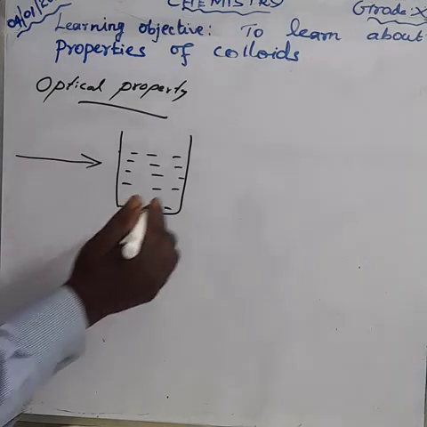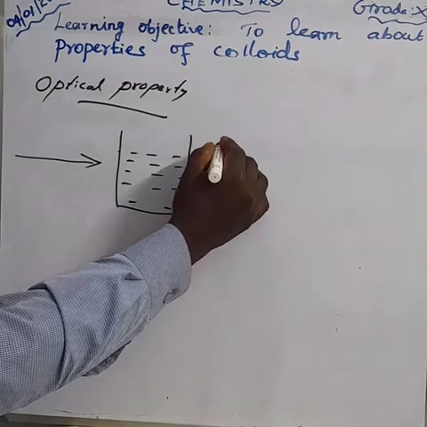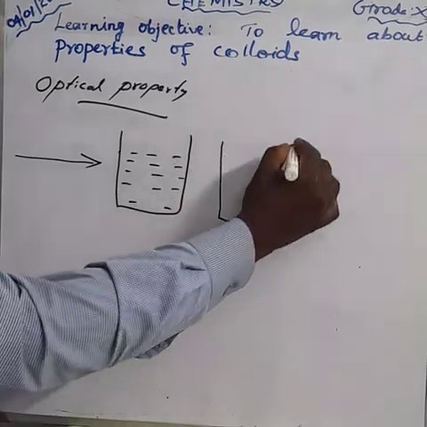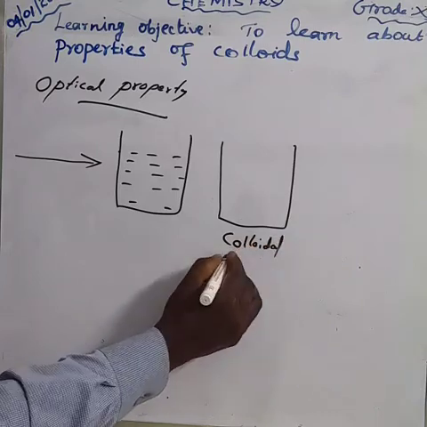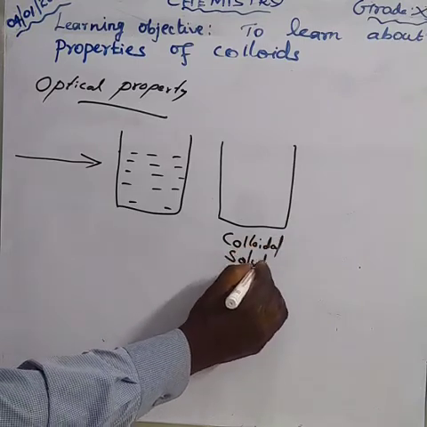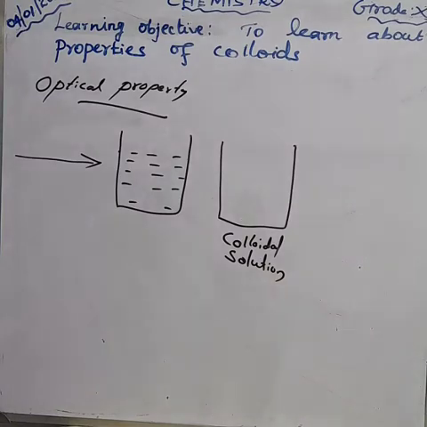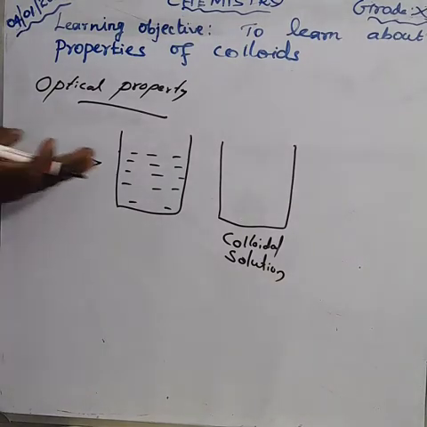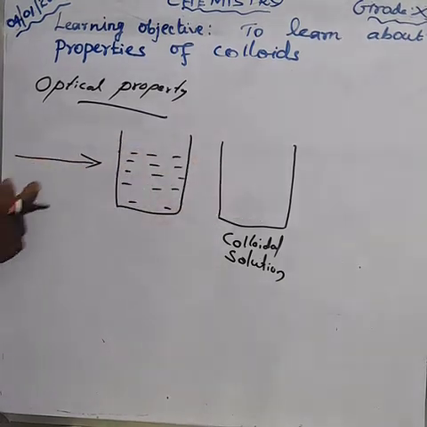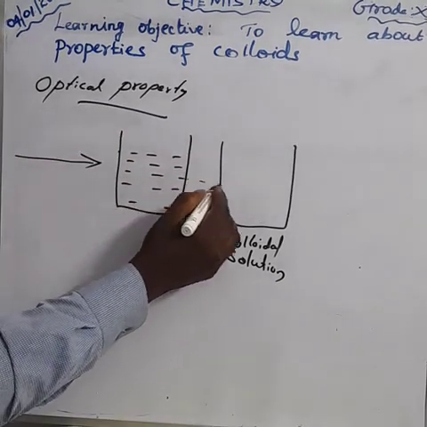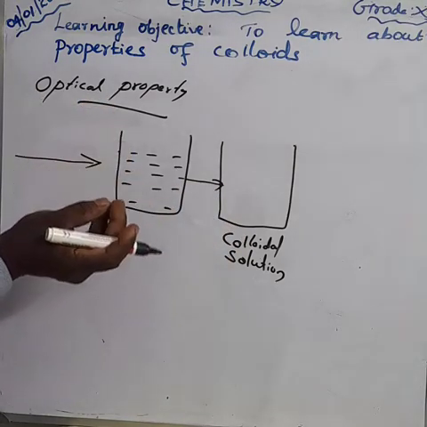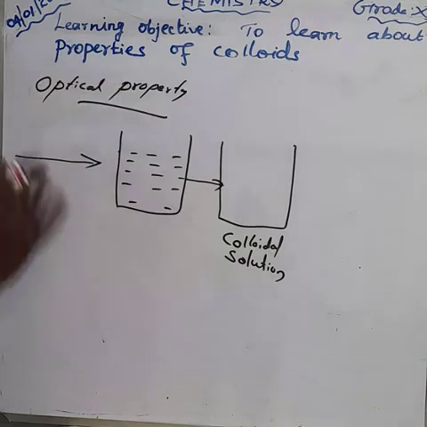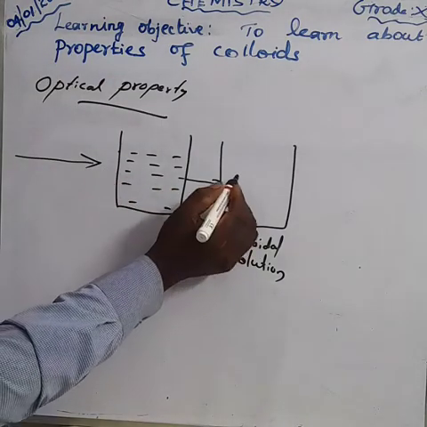But in the case of a colloidal solution, when we pass the light through the colloidal solution, it is scattered in all directions, because the colloidal solution has some particles, am I right?